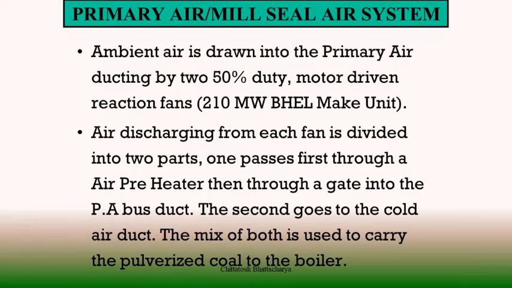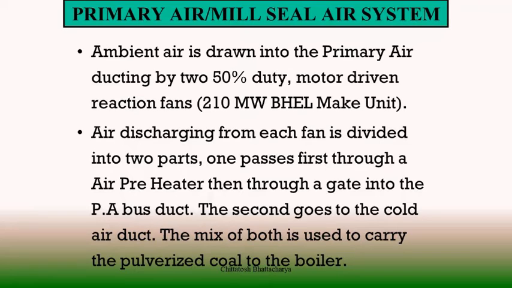So in the primary air supply system we have in general two primary air fans, or each primary air fan is supplying to a group of mills, and there is an arrangement of discharge bifurcated into two parts.